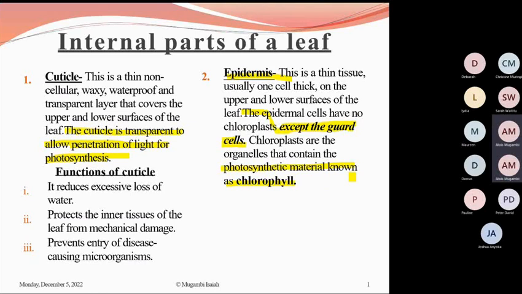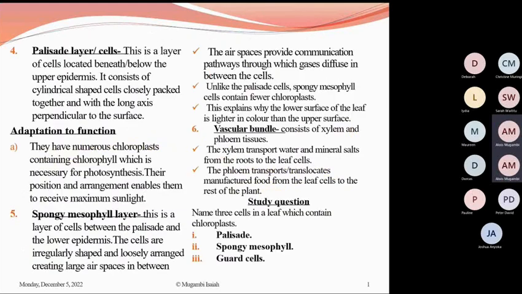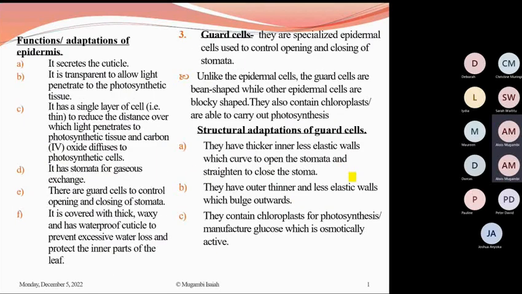Now we go to the next. These are the adaptations of our epidermis. It secretes the cuticle. It is usually transparent to allow the penetration of light to the photosynthetic tissues.